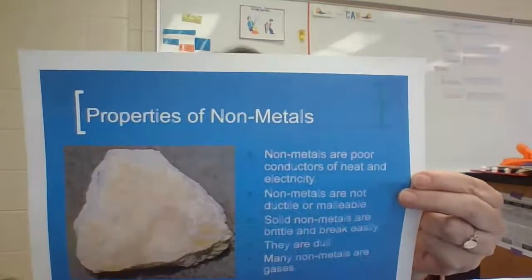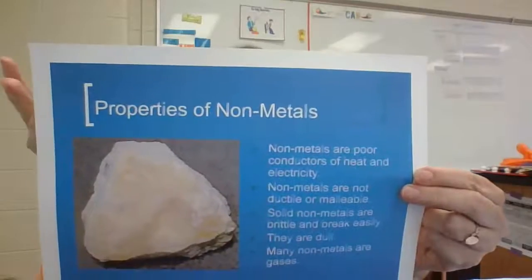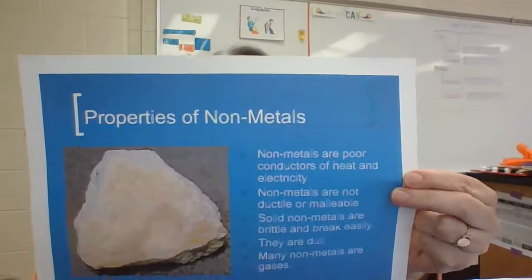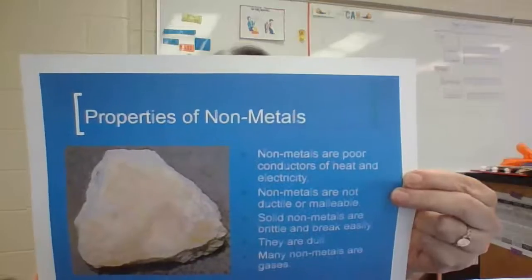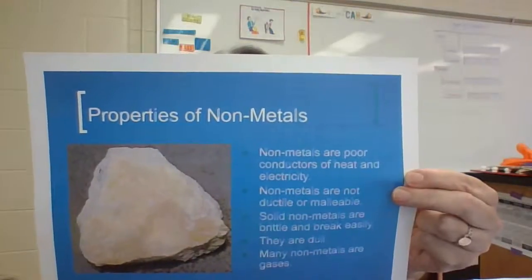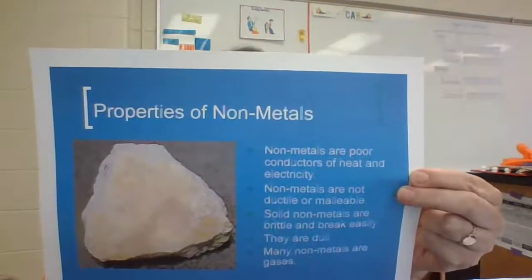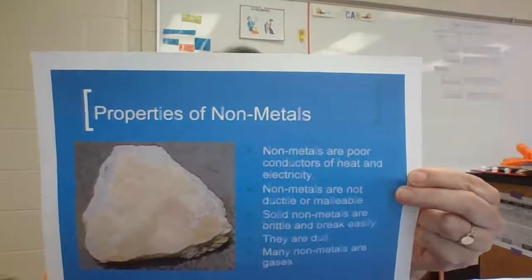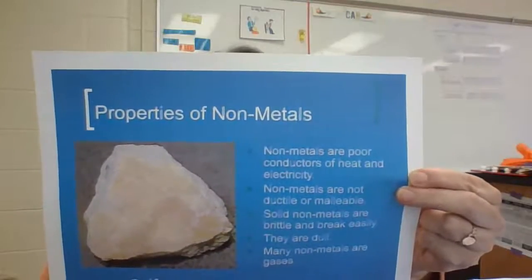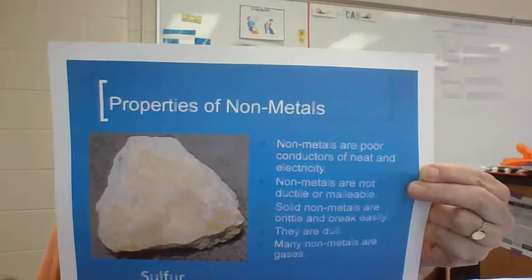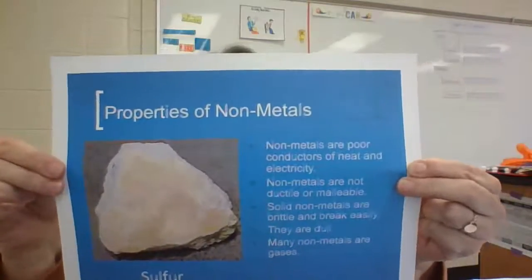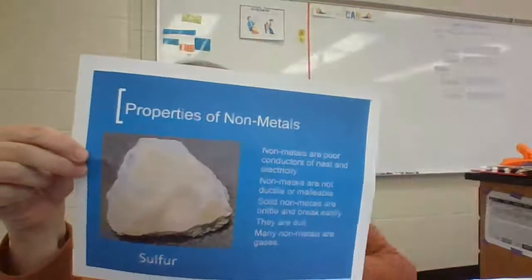Nonmetals, some are ductile and malleable, some are not. Solid nonmetals are brittle and they're dull. Most nonmetals are gases. Some of them are solids.